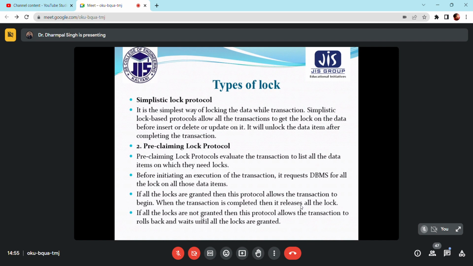Suppose we are going to purchase a T-shirt, I can also purchase jeans along with the T-shirt. So it is dynamic and changing in nature. Pre-claiming is not applicable because sometimes the user will not have a predefined way, for example I may go into my account, only check the balance and come out.